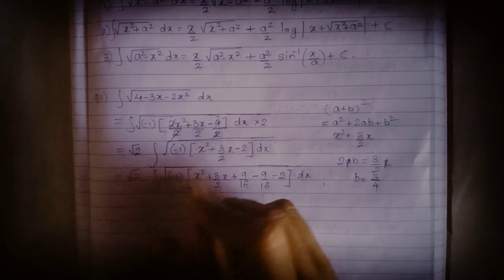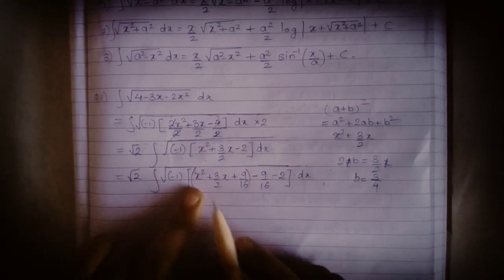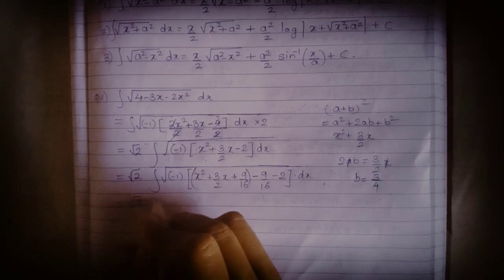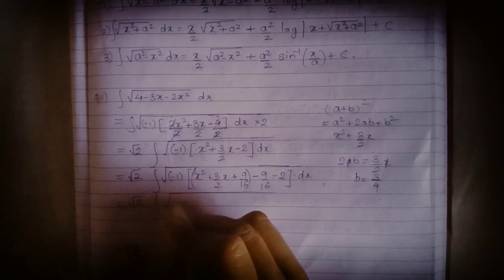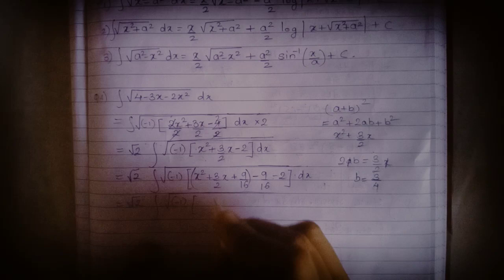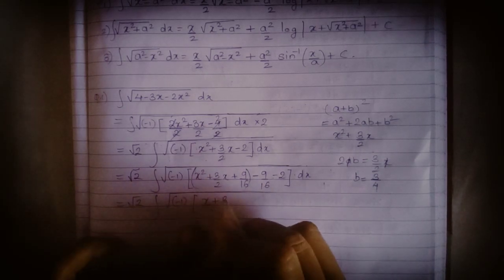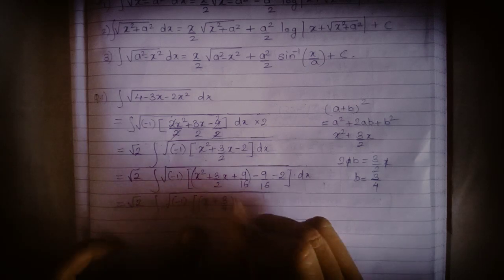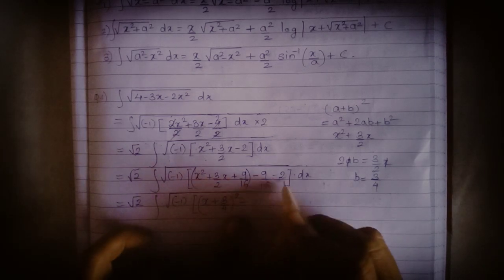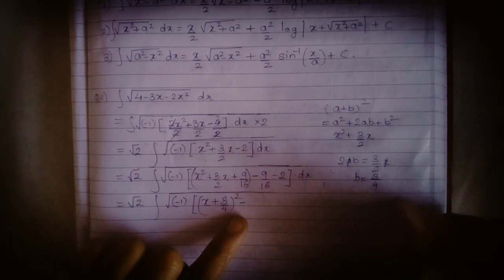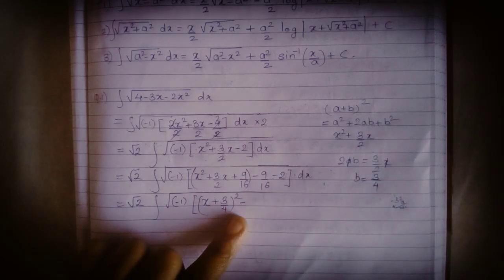So this term will be our a plus b the whole square. We can write it as root of minus 1 times (x plus 3 by 4) the whole square, minus, and this you have to do, minus 32 plus 9, so 41.